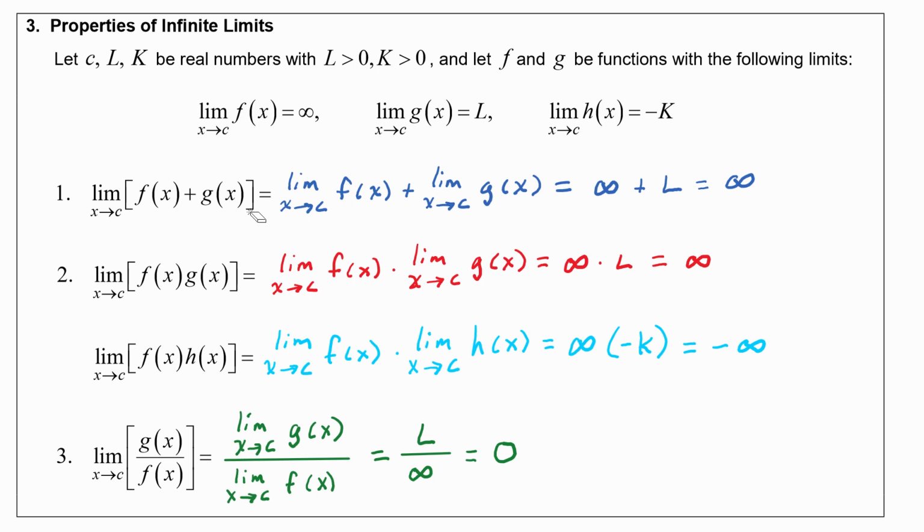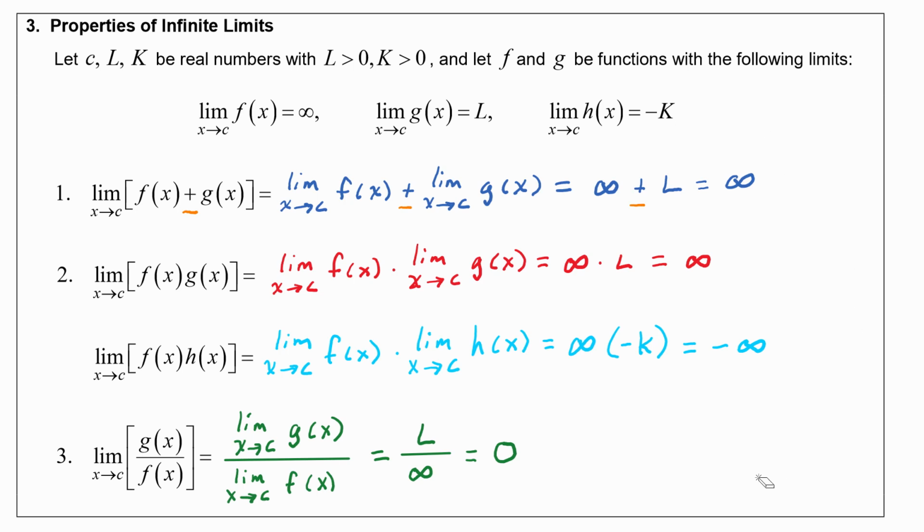Similarly, in this first property, if this had been f of x minus g of x, then of course this would have been a minus sign, and then this would have been a minus sign. The result would still be infinity, because infinity minus a finite number is still infinity.